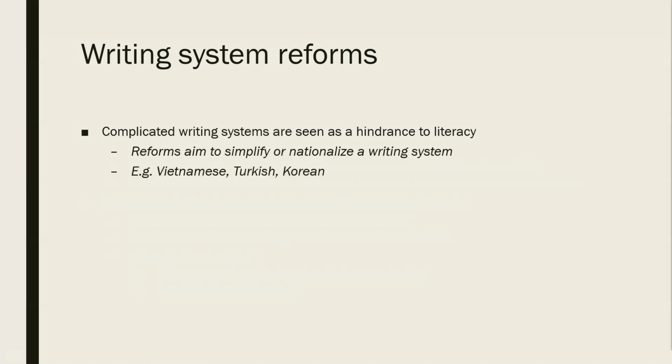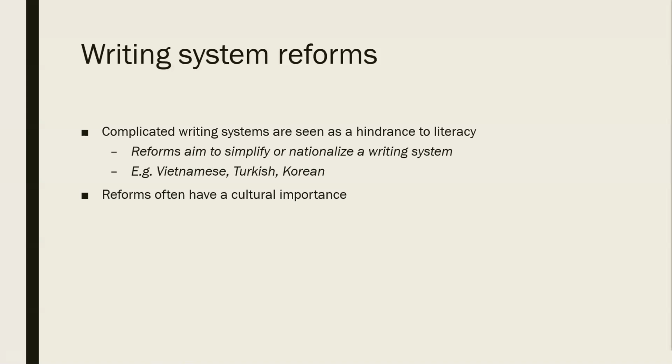We saw how Vietnamese replaced a Chinese-based writing system with a Latin-based writing system, how Turkish replaced an abjad with an alphabet, and how Korean developed the Hangul system. So these are all systems that were aiming to simplify their writing systems.